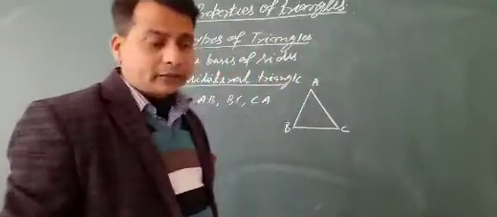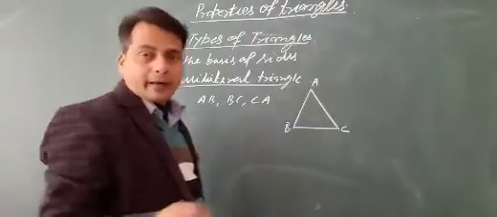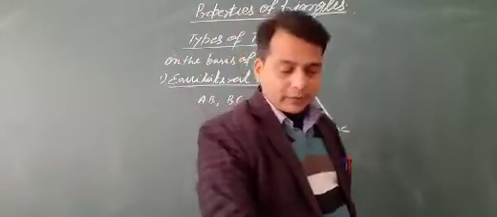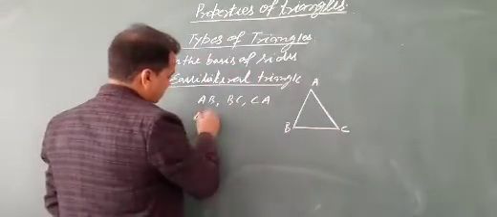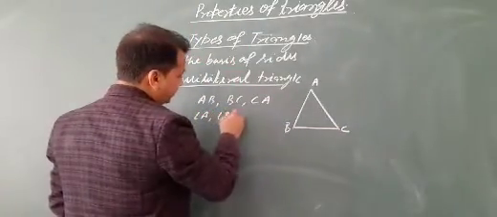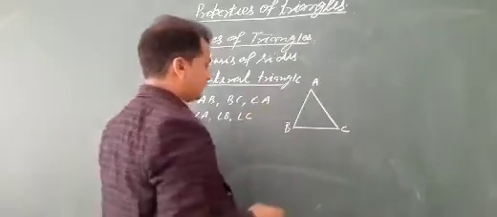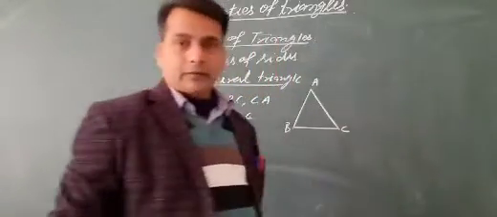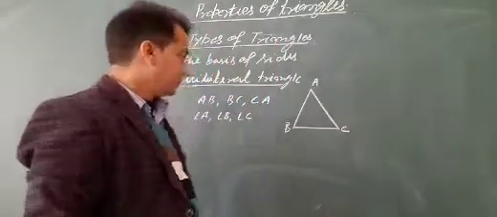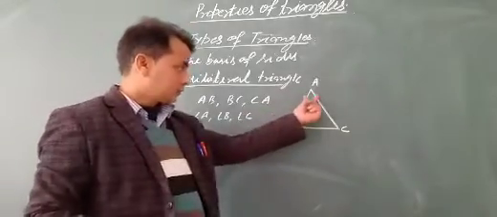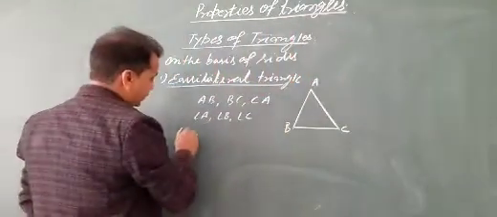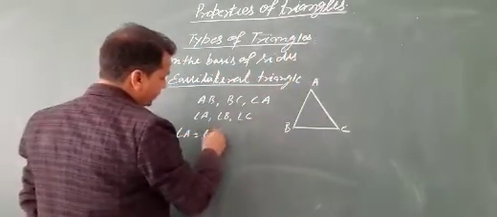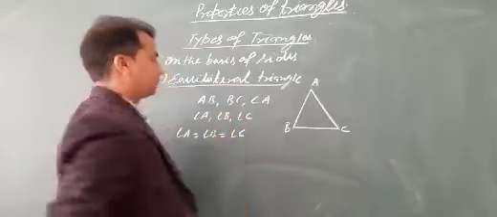And in the equilateral triangle, all angles are equal. So angle A, angle B and angle C are equal, and each angle is 60 degrees. Angle A equals angle B equals angle C.